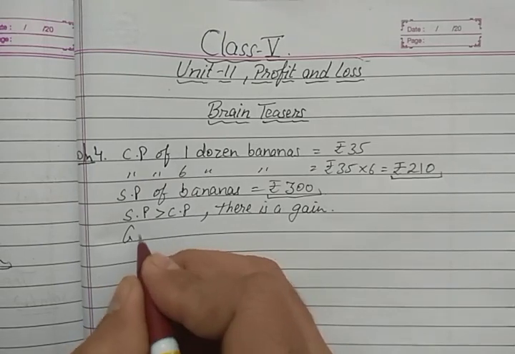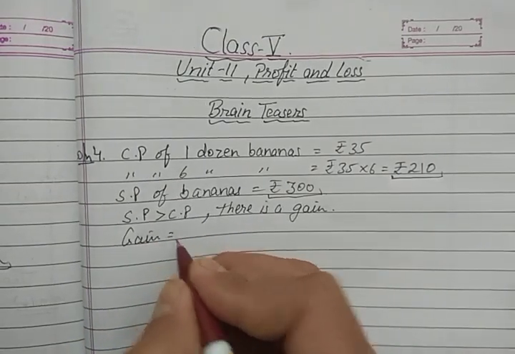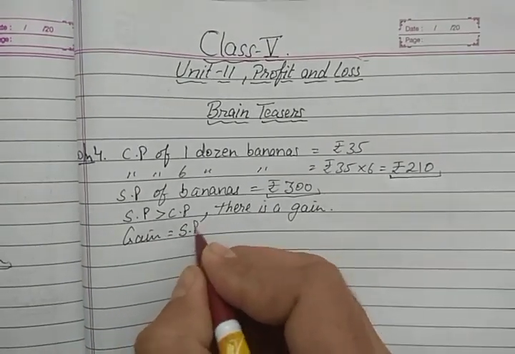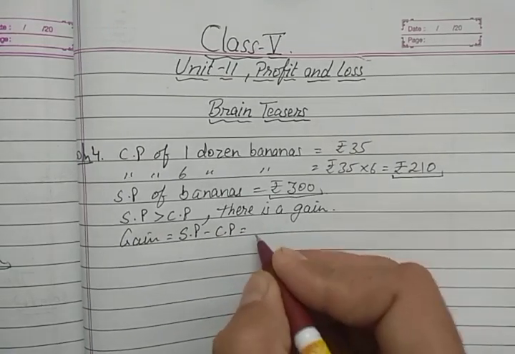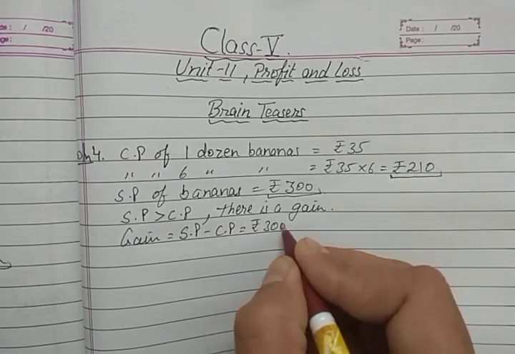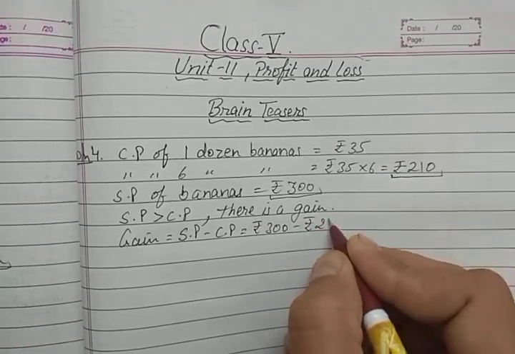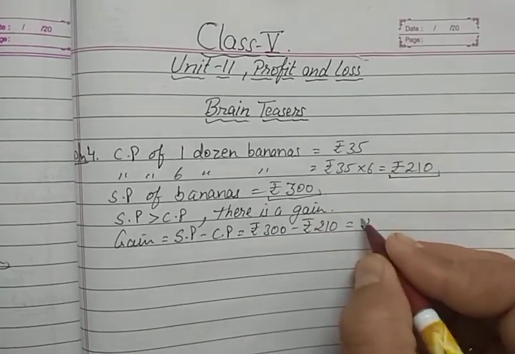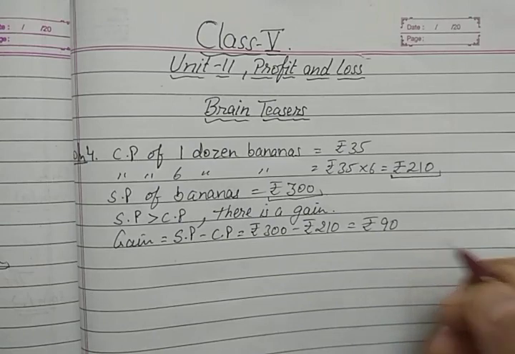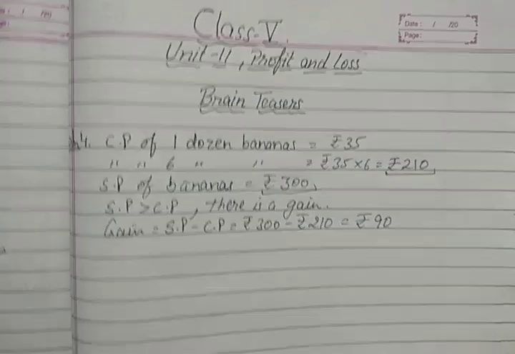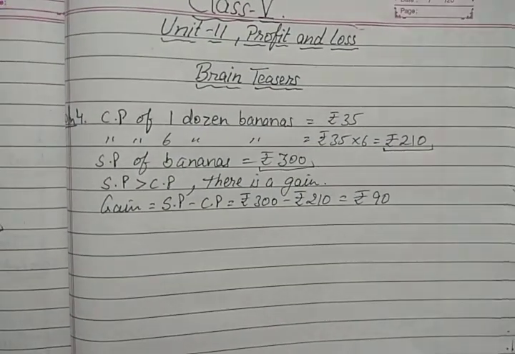So gain is equal to selling price minus cost price. Subtract it. Rupees 300 minus rupees 210. That is rupees 90. So in this way, we can find out the profit or gain, loss.